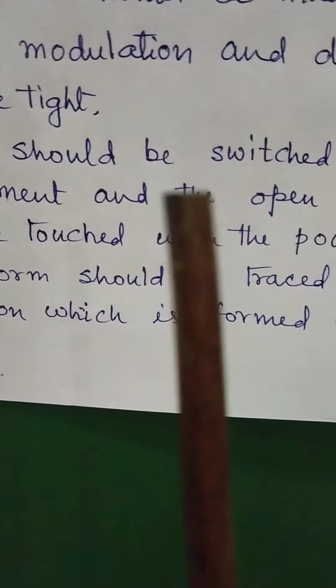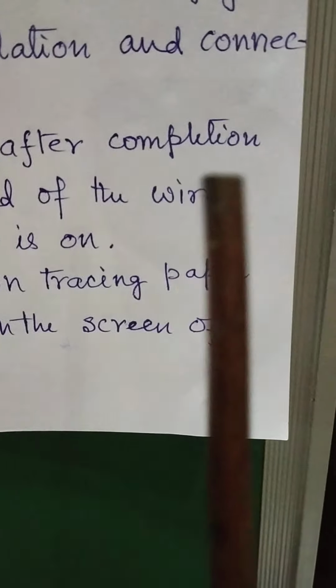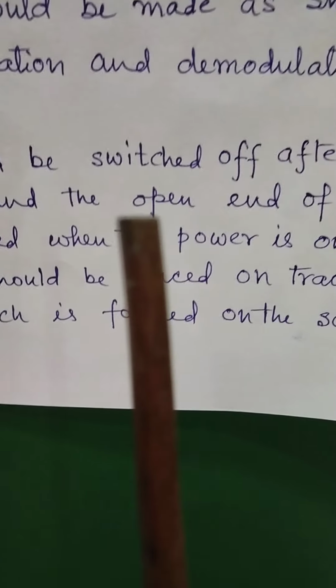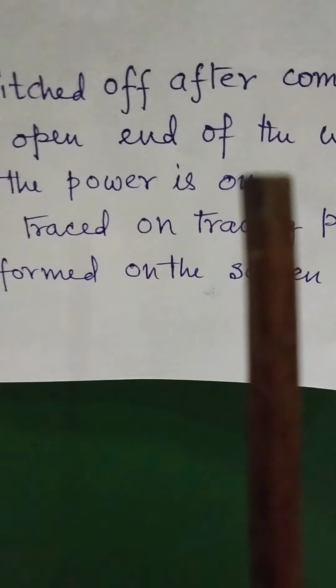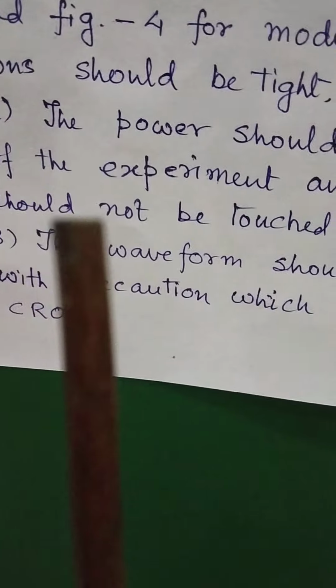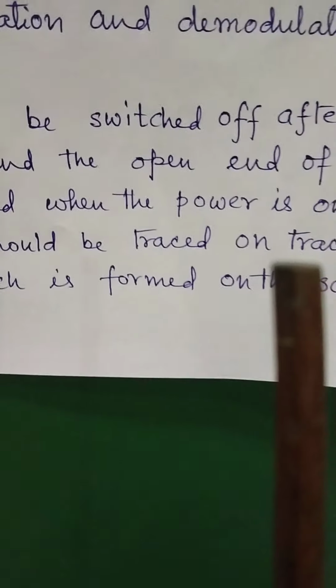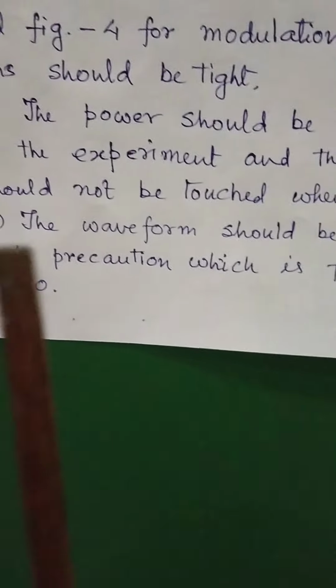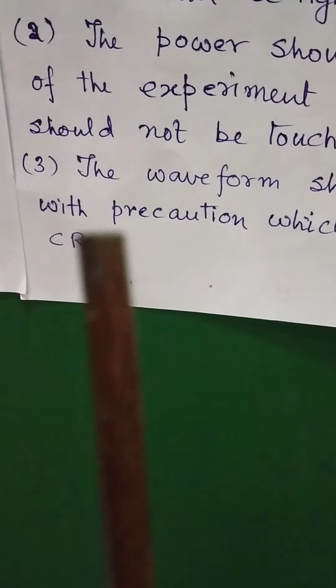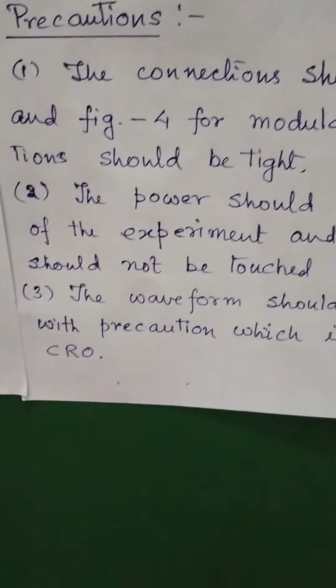The power supply should be switched off after completion of the experiment, and the open end of the wire should not be touched when the power supply is on. The waveform formed on the screen of the CRO should be traced on tracing paper with care.